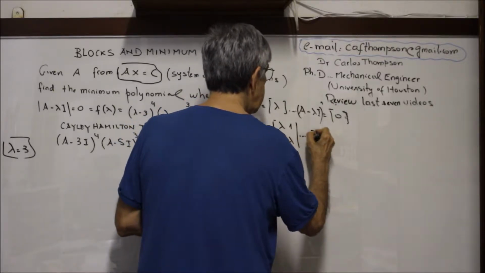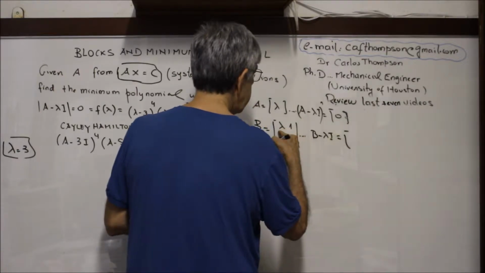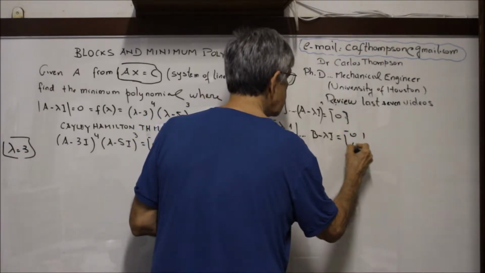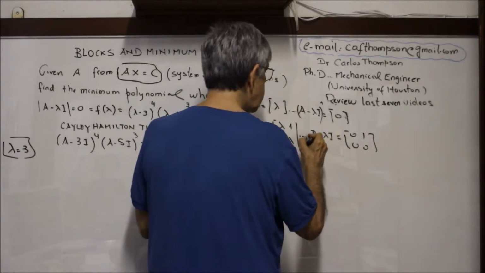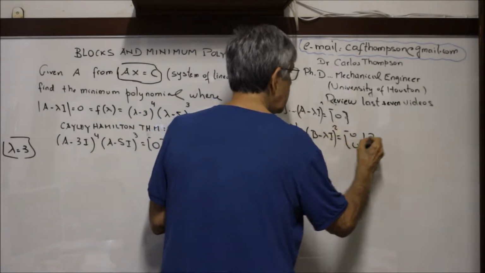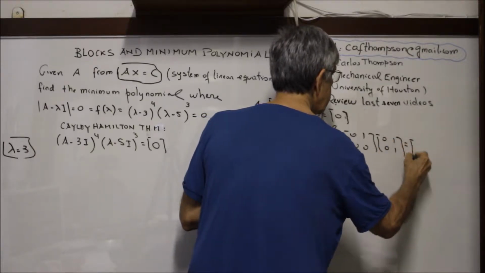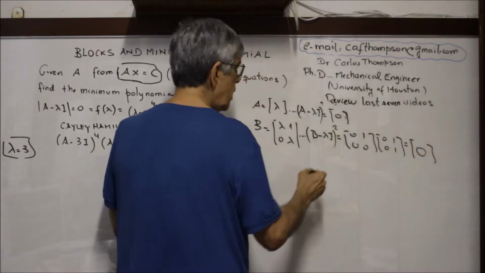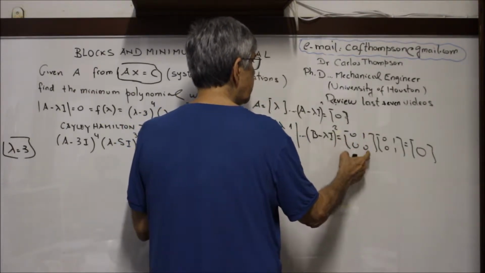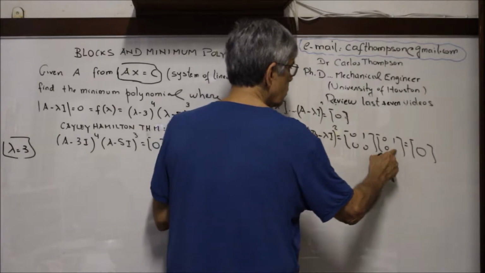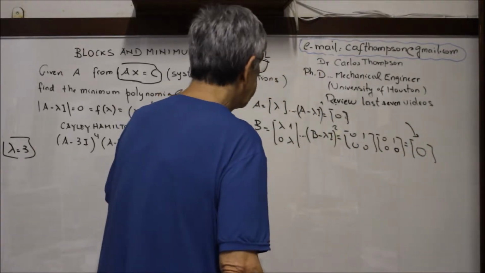So B minus lambda I is 0, 1, 0, 0. Now, we saw before that if I square it, I have the zero matrix. So this block, 0, 1, 0, 0 times 0, 1, 0, 0, comes up to 0.